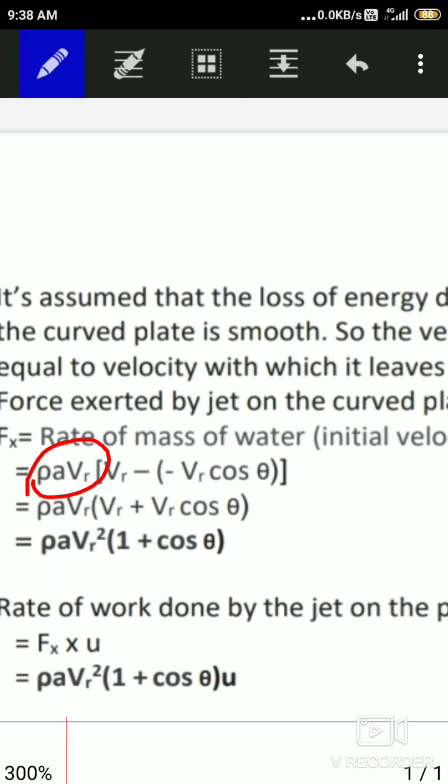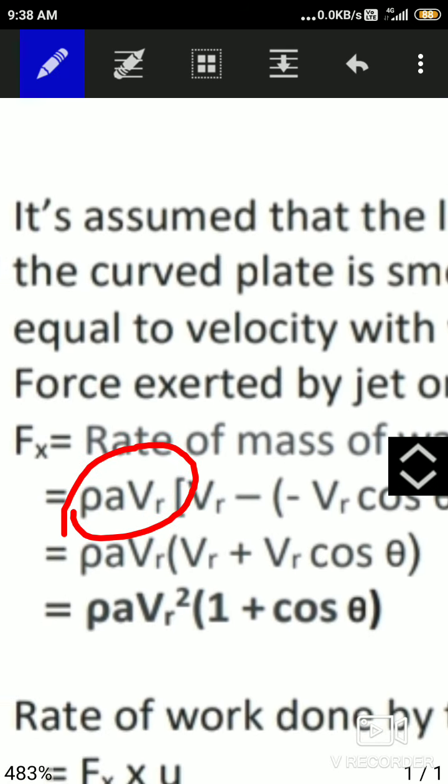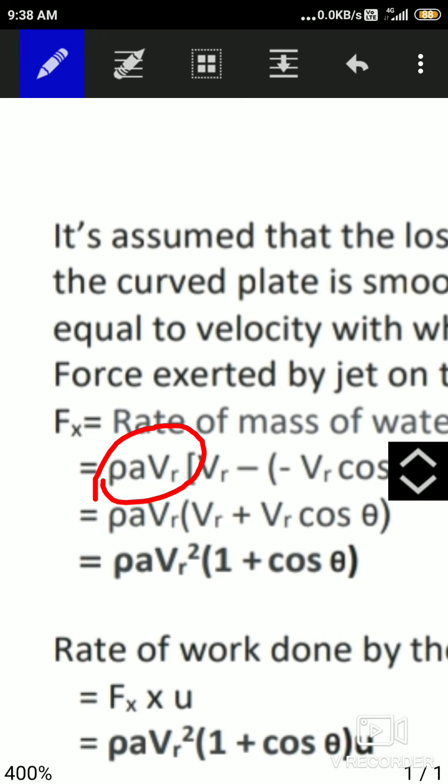In the previous case it was rho a v because the plate was fixed, but here the plate is moving. That's why while expressing rate of mass, we have to consider relative velocity, not the velocity of jet.